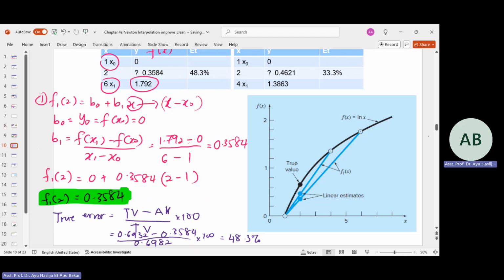It's always x minus x0. Yes, this one for n equals 1, x minus x0. If n equals 2, it's different. Later we go.